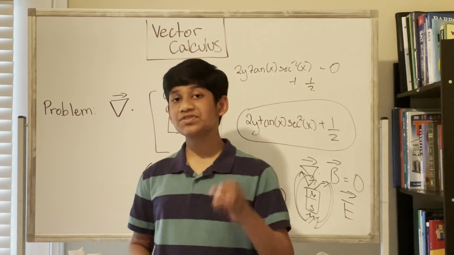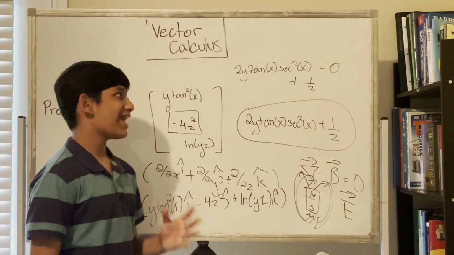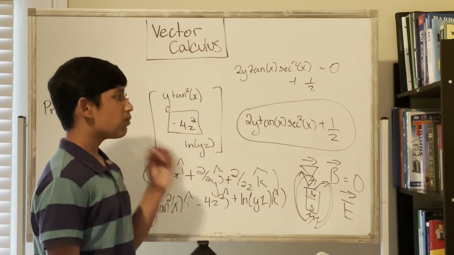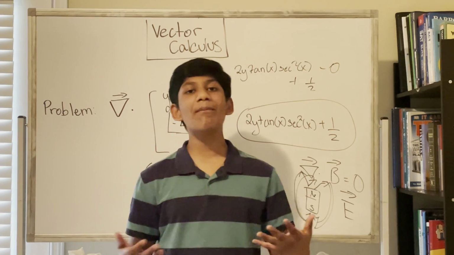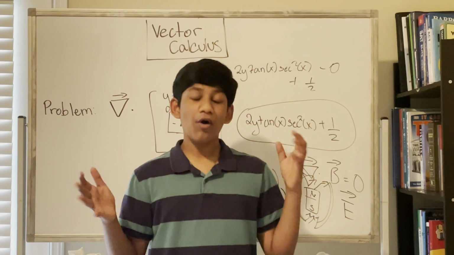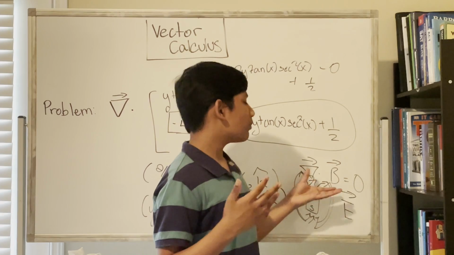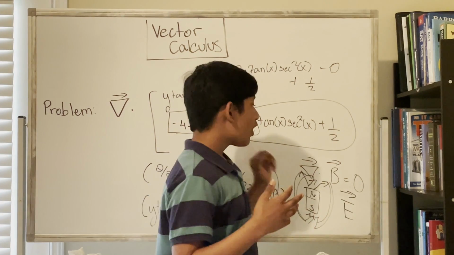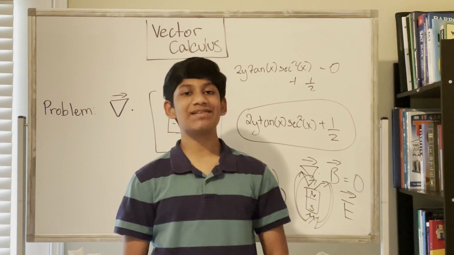Notice that partial derivatives are very crucial, because once we solved this problem, we got 2y tan x times secant squared x plus 1 over z. After that, we talked about the no magnetic monopole rule and how we can apply the intuition that we have developed over the course of the video to understand what this rule means. And notice that this is actually a physics concept in electromagnetism. Now that we have summarized, we can bring this video to an end.